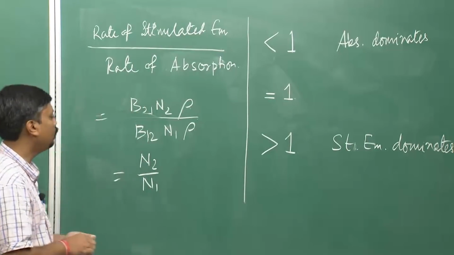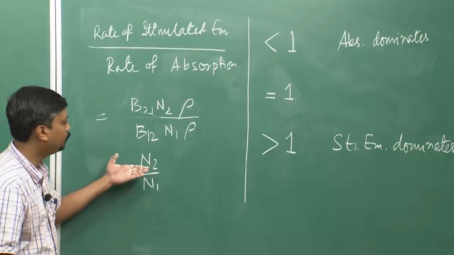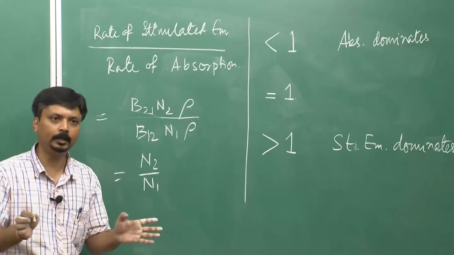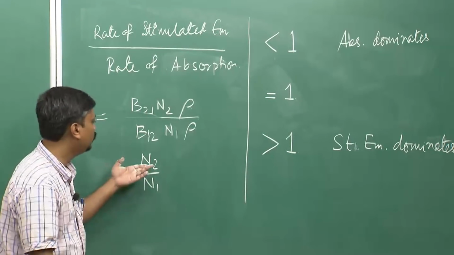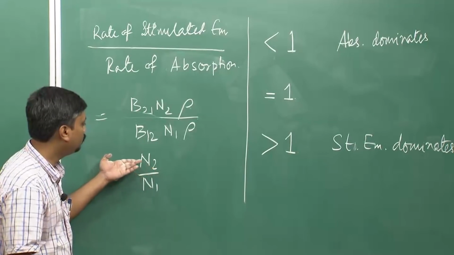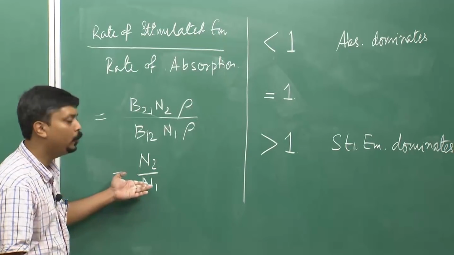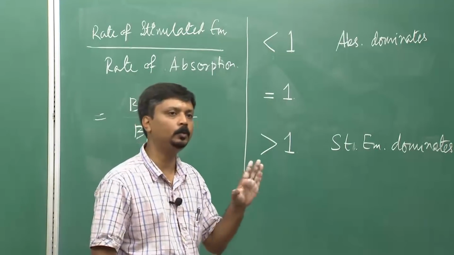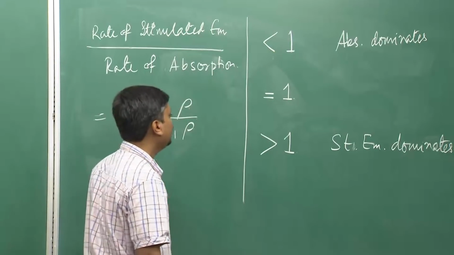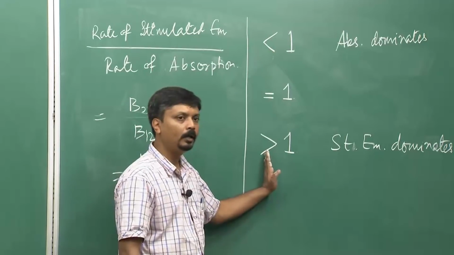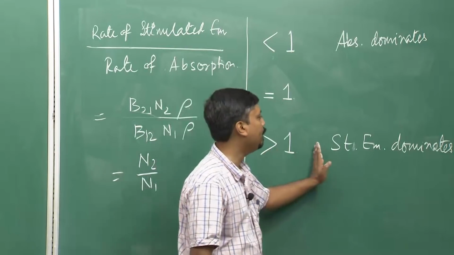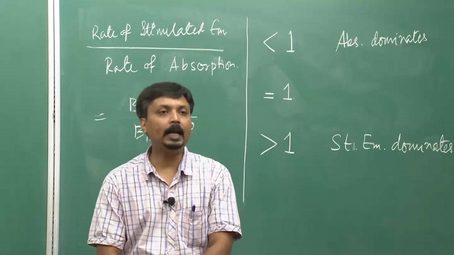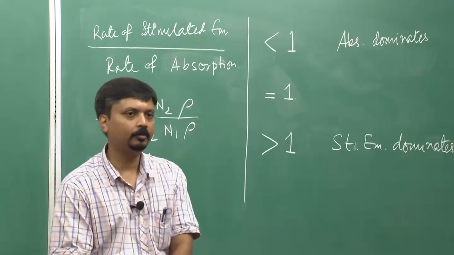So, what we found out is about the populations of the two states, we are still considering a two level model. For the condition where N2 by N1, that is the ratio of the population of atoms at state 2 and state 1, is greater than 1, only then can I have a condition where stimulated emission dominates and I can achieve laser action.